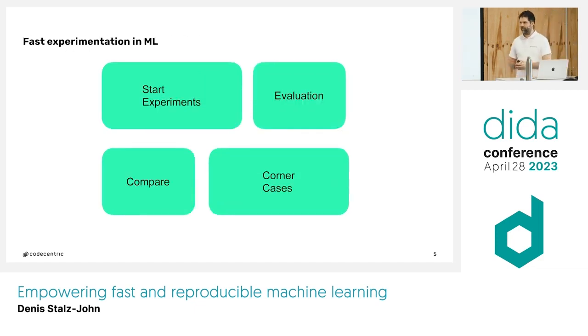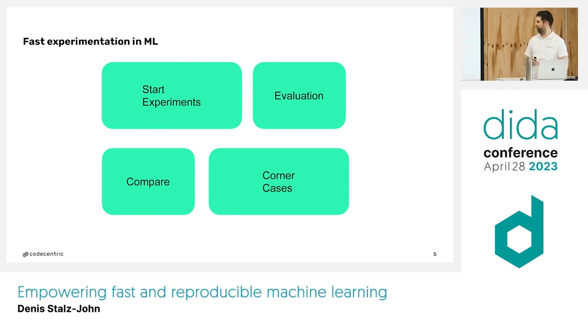Next, I will tell you, in my opinion, what is necessary for fast experimentation. I have here four points which I talk about in detail on the next slides. The first is starting experiments, and how that could be done in an easy way.